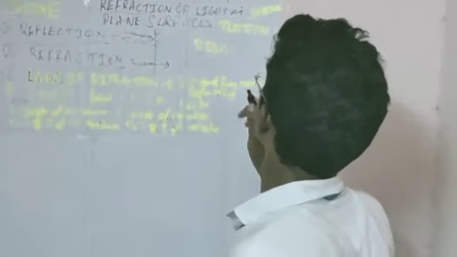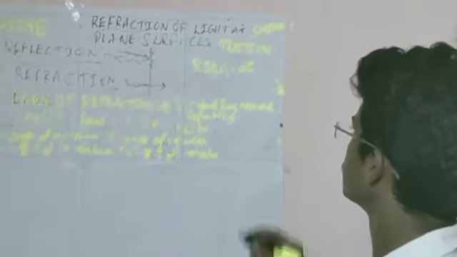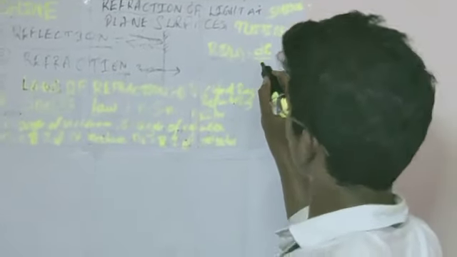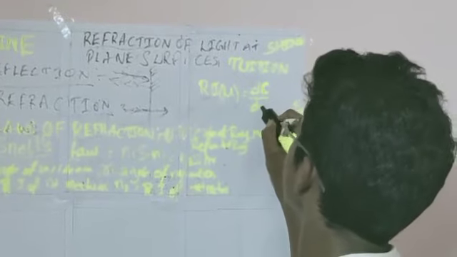The ratio of speed of light in vacuum, which is denoted by C, to the speed of light in the medium.